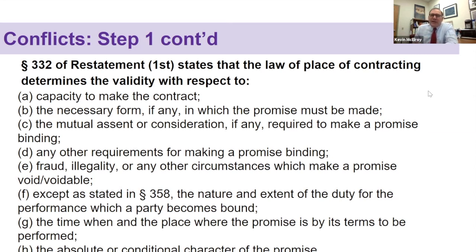Mutual assent. How is acceptance conveyed? Okay. What's proper consideration? Okay. Fraud and illegality. I'm not going to go through each one of these, but you can see them, right? The time when and the place where the promise by its terms are to be performed.